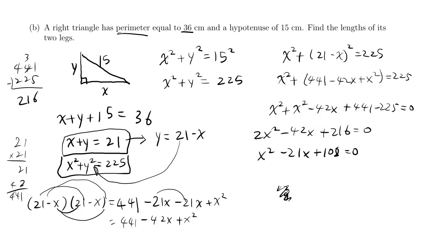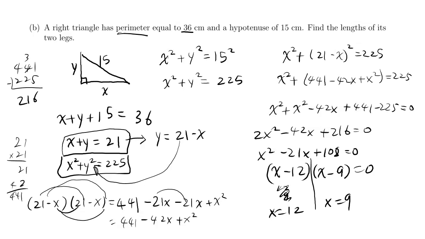So this ends up being factored as x minus 12 times x minus 9 equal to 0. So either x is 12 or x is 9. And again, this is symmetric like the question that we just solved.